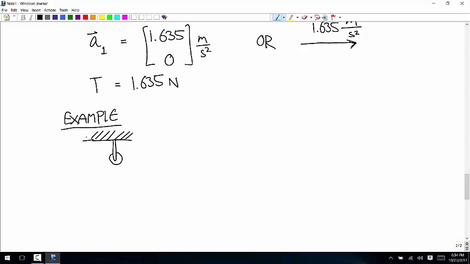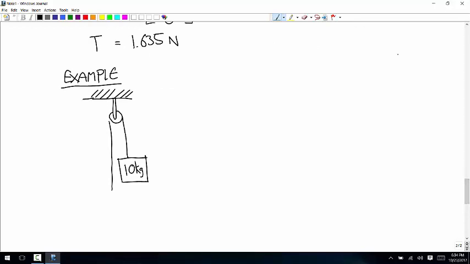And let's say on this side we have a mass of 10 kilograms. And on this side we have a mass of 20 kilograms. And we want to calculate the same two things. Let's say the acceleration vector of the 10 kilogram mass. And second, the cable tension.